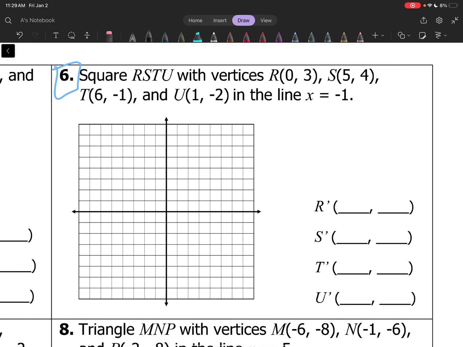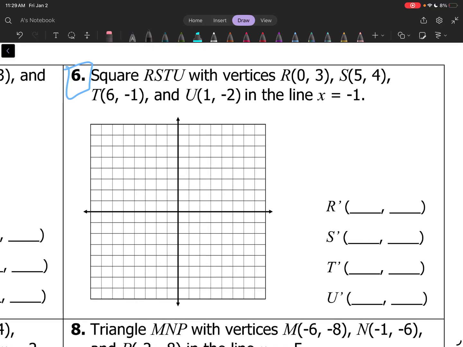We have a square RSTU with the vertices 0, 3, with 5, 4, 6, negative 1, and 1, negative 2.